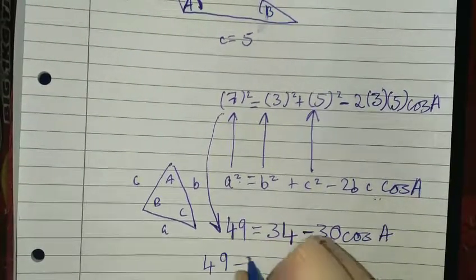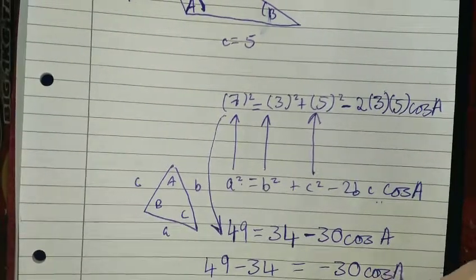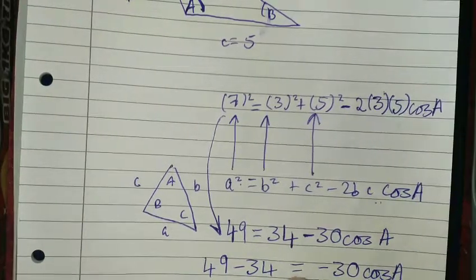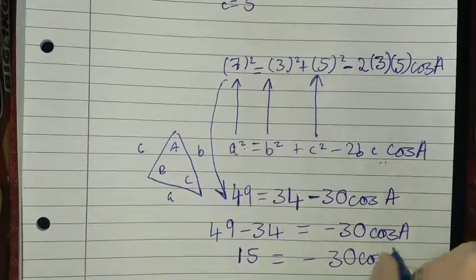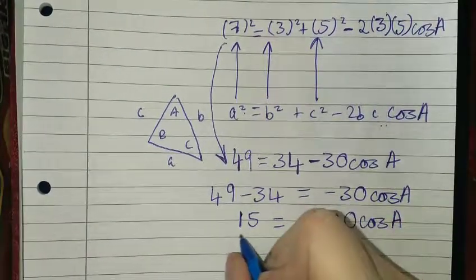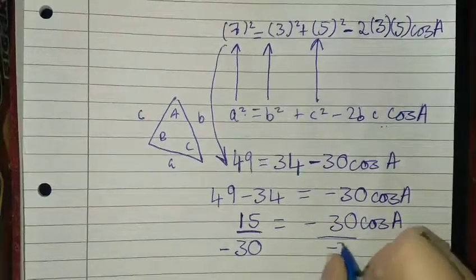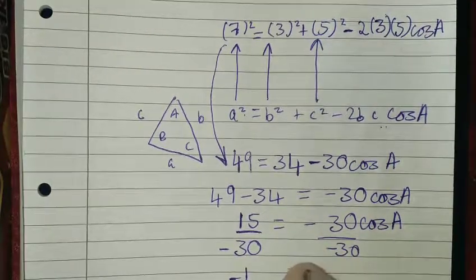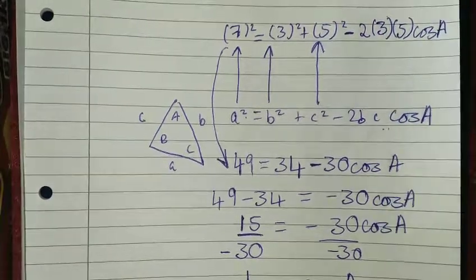So then that'll be 49 take 34 is equal to minus 30 cos A. So that's 15 is equal to minus 30 cos A. And now I have to get cos A just by itself. So I'm dividing both sides by what's attached to the cos A, so by minus 30. So 15 divided by 30 gives me a half, so it'll be minus a half is equal to cos of A.